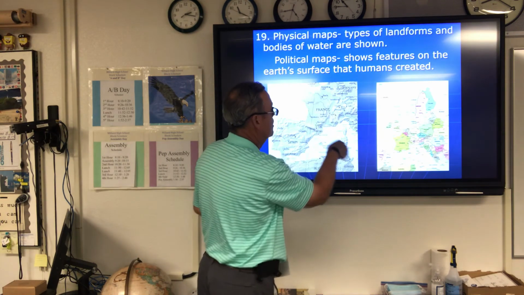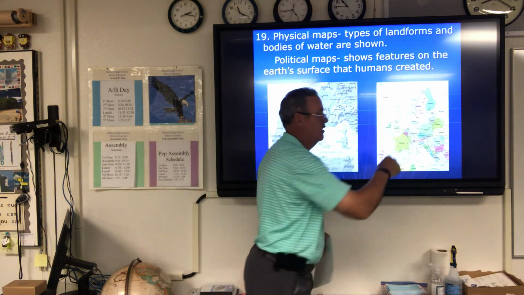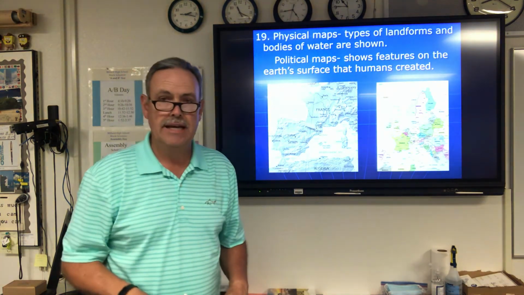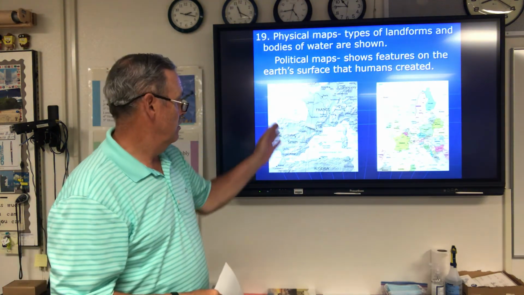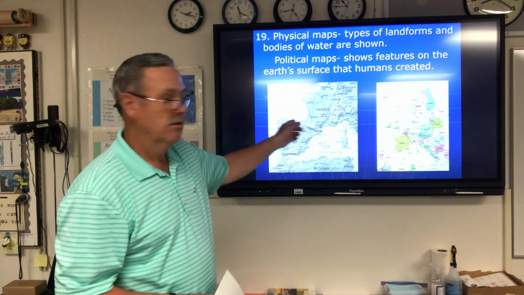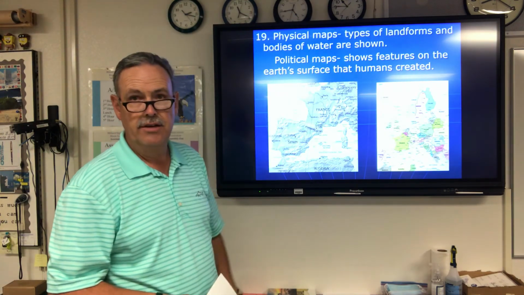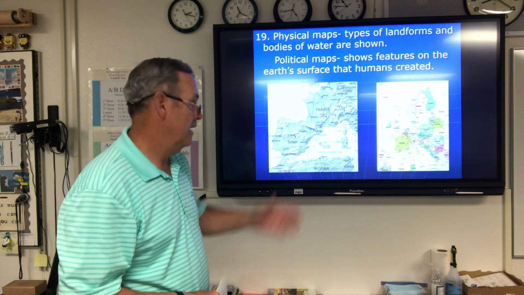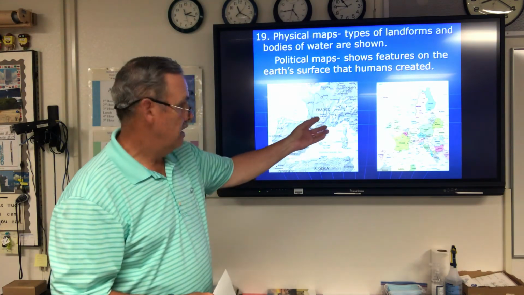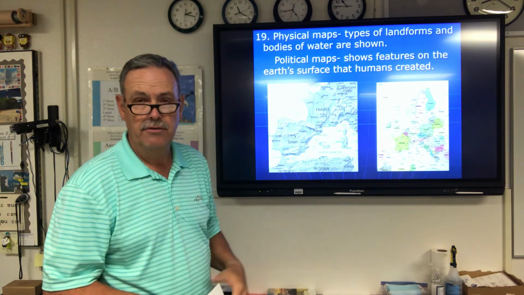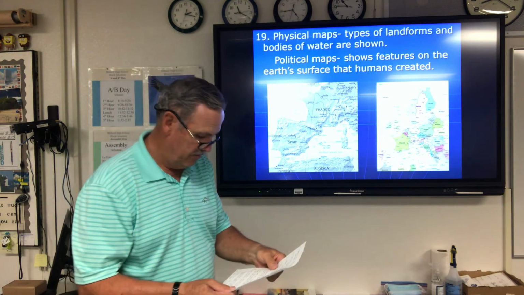There's some rivers. Over here we can see the different colors and the borders which we as human beings have created. And so that's your physical and political. Even though this is a physical map, you can also see the different countries. And the same with the political: it's highlighting the political, but there are still some bodies of water and other physical features that might be shown.